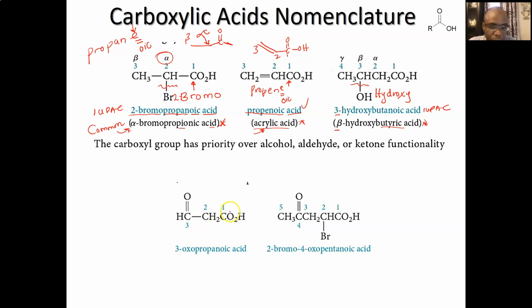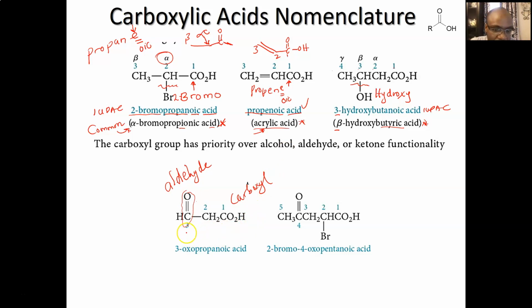Okay, so what happens if you have an aldehyde part on the structure and a carboxyl part? Here, the carboxyl will win. If you had an aldehyde and a ketone, the aldehyde wins. If you have an aldehyde or a ketone and a carboxyl group, the carboxyl will always win. So you have an aldehyde here, and we will just have to represent that carbonyl. We're not going to call the aldehyde a substituent.